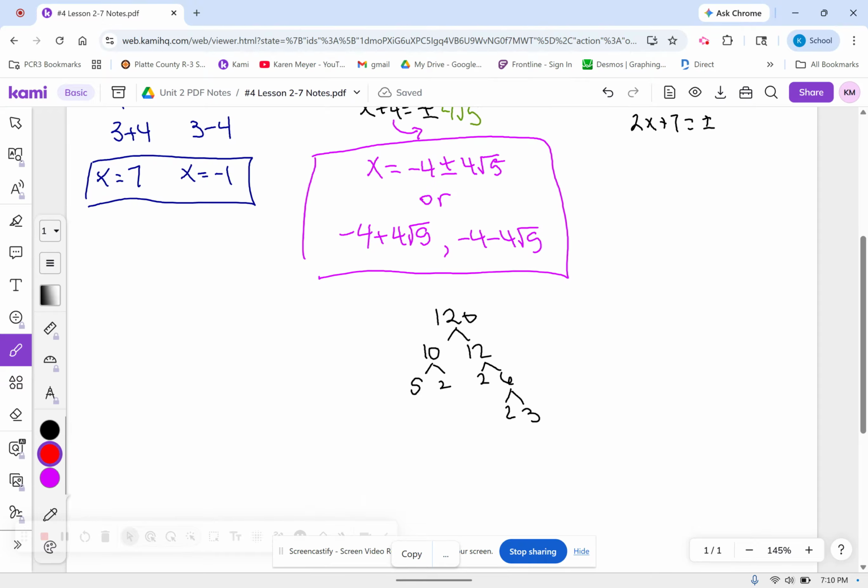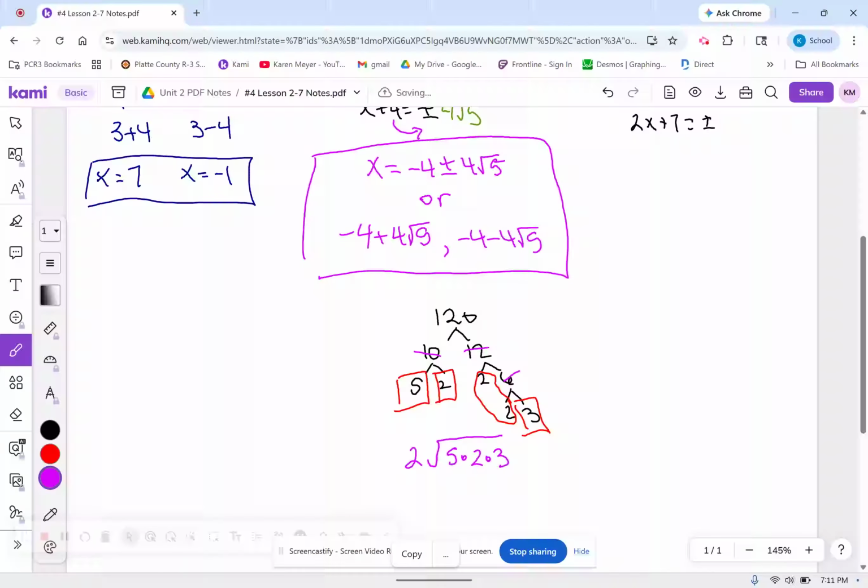So I'm looking for a group of 2, which I have a pair of 2s. Then I have a leftover 5, leftover 2, leftover 3. Do not use 10, 12, or 6 because they broke down. I get to put 1 2 on the outside, and then on the inside I get to put a 5, a 2, and a 3.